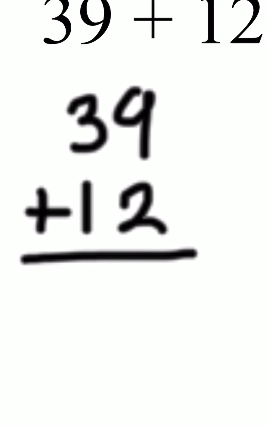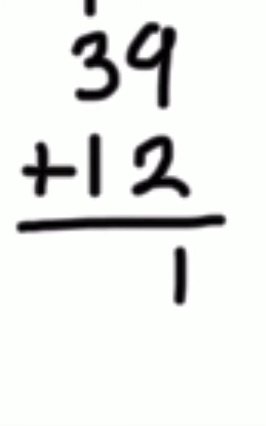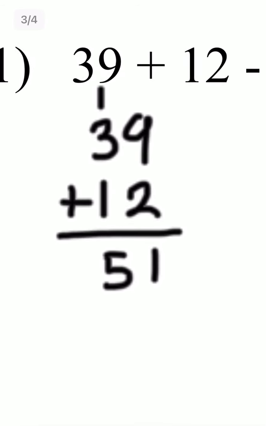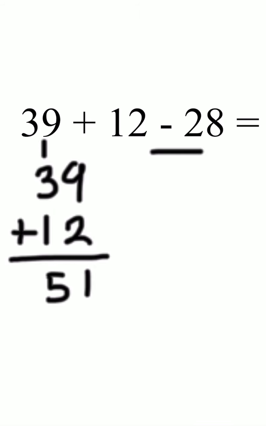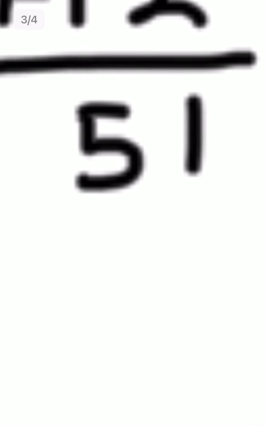Nine plus 2 is 11. And 1 plus 3 plus 1 would be 51. And then now we have to subtract 28 from 51.